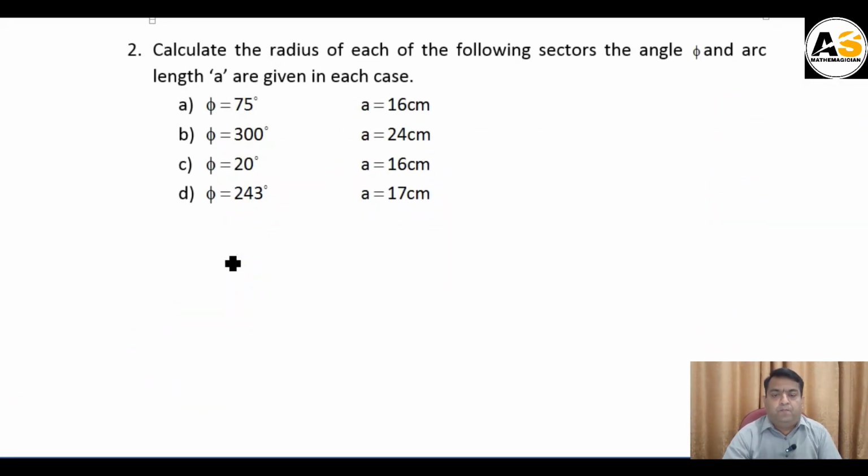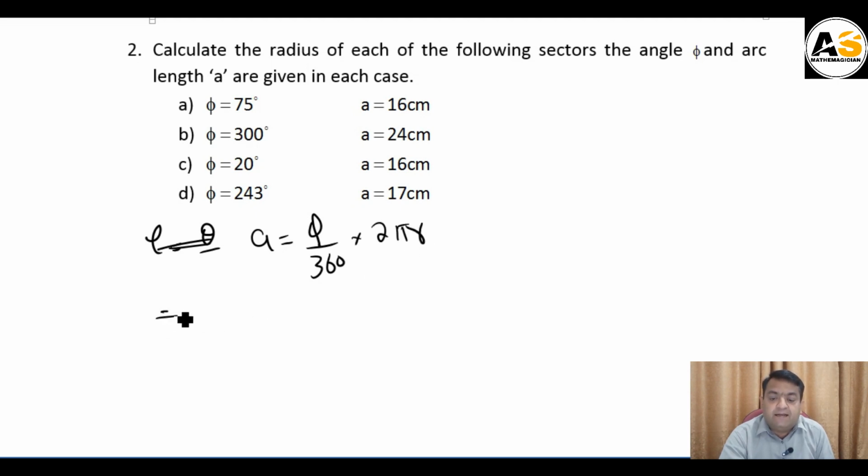In question number 2, we have to calculate the radius, and in each part we are given the central angle phi and arc length A. In the first case, we know that arc length is equal to central angle over 360 into 2 pi r. From here, I will write radius r is equal to arc length A multiplied by 360 over 2 pi multiplied by phi, the central angle.